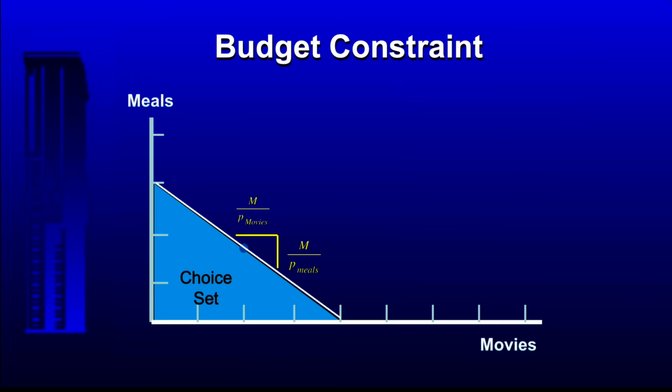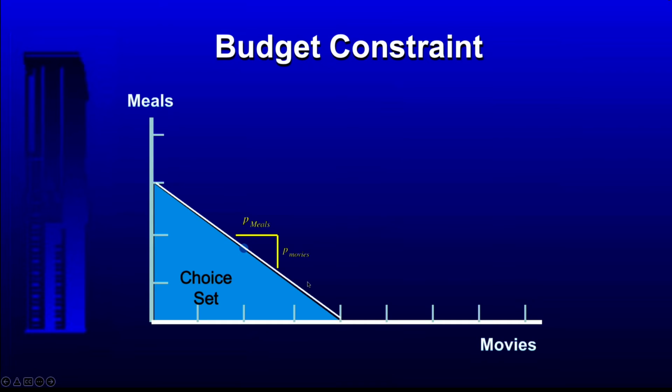When we actually take the ratios, we're going to wind up switching them. So the run over the rise, in this case, is going to give you the price of meals to the price of movies. So it's just backwards of the axes here.